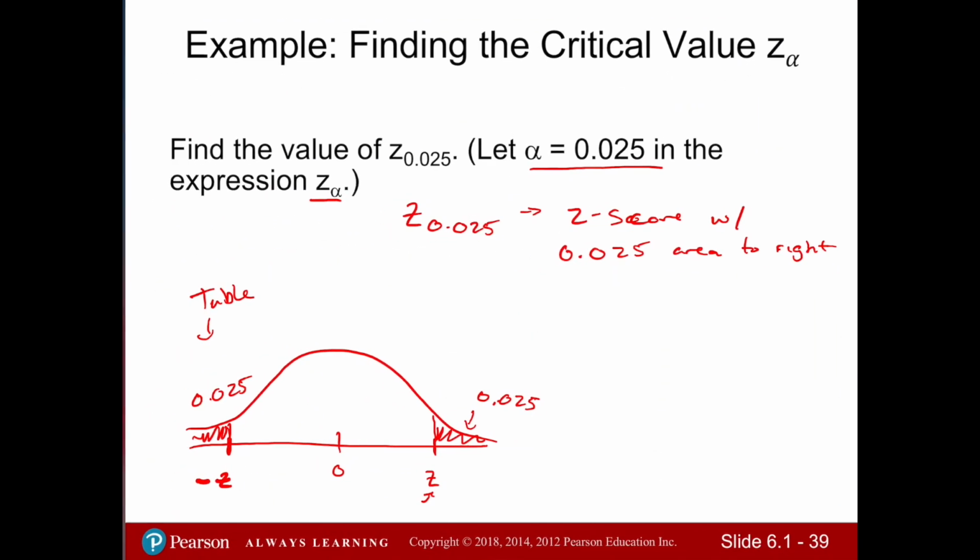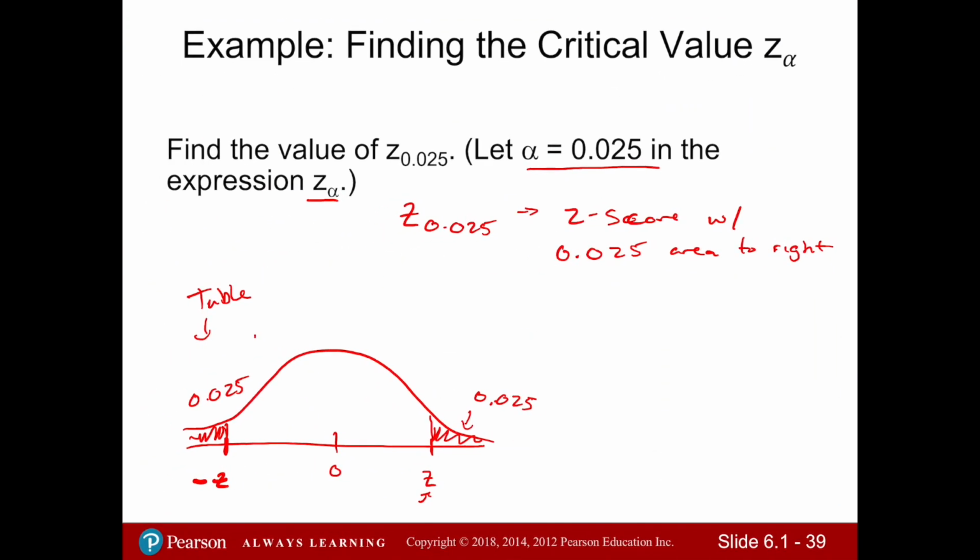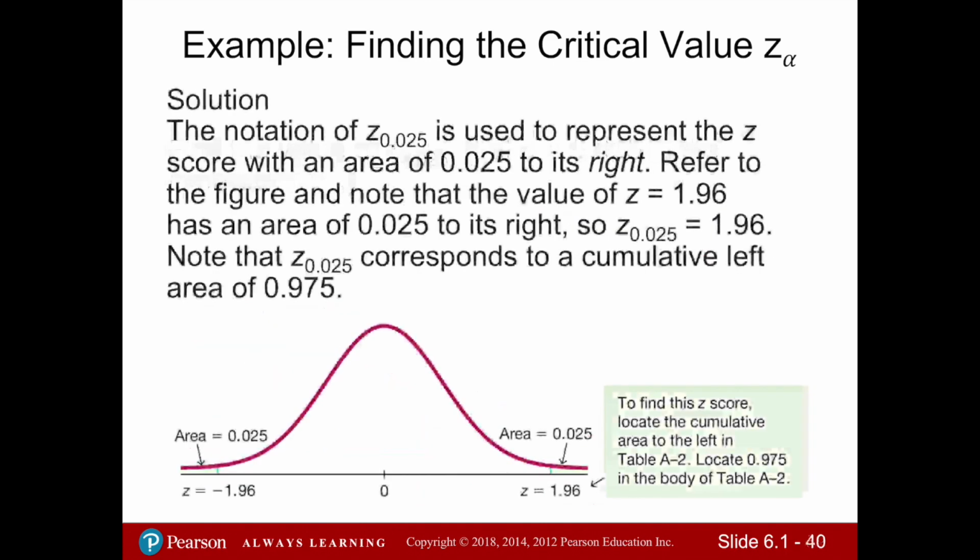What that tells me is that this z-score here is going to be negative 1.96. And so its symmetric value over here must be positive 1.96. That will be our final answer. And as we can see here, that's exactly what we want to do.